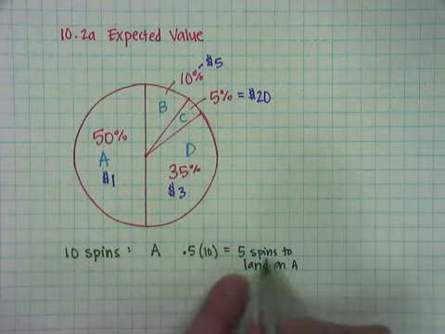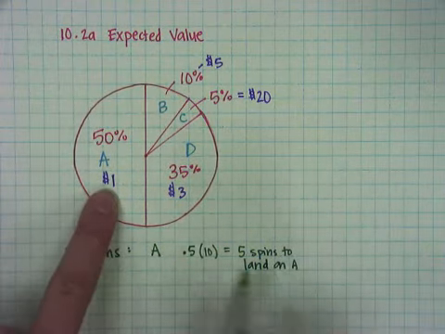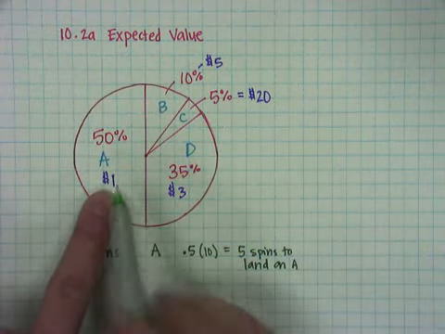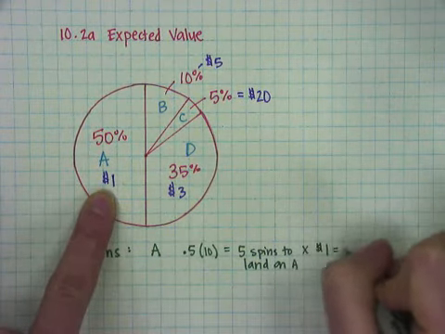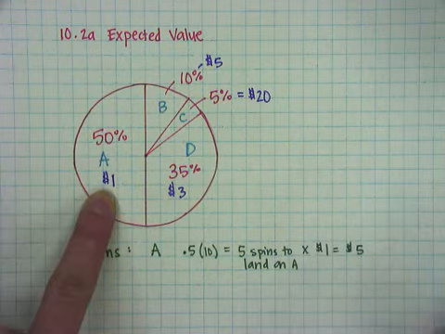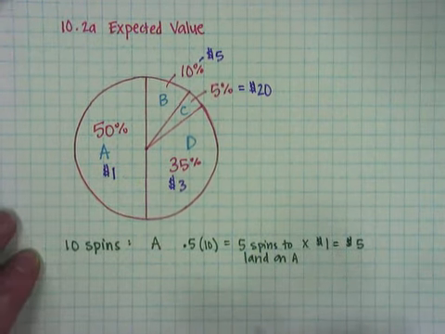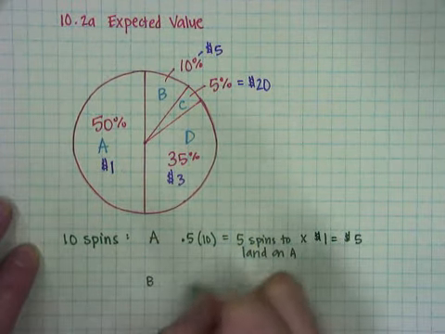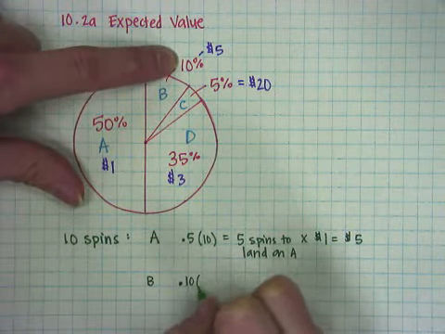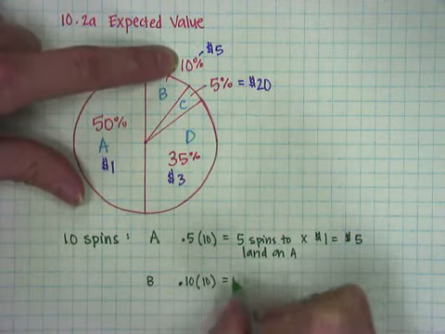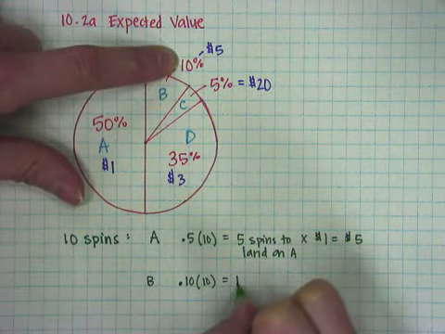If 5 of the spins land on A, then I get $1 for each of those. So 5 spins times $1, and my expected value for this would be $5. For region B, I would take 10%, so 0.10 times 10. Well, 10% of 10 is 1.